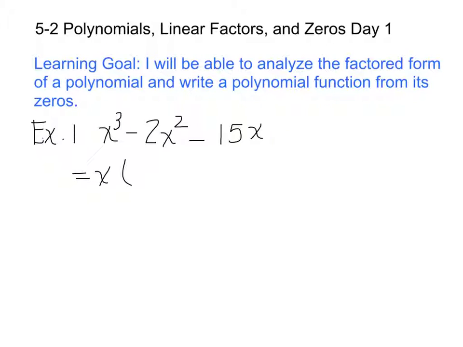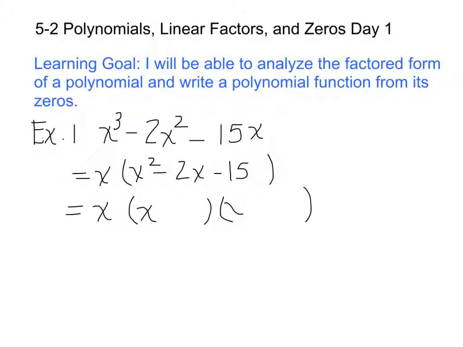So I'm going to factor out an x. And then once you find your GCF, if there is one, you'll factor your remaining trinomial. And this will be your factor form.